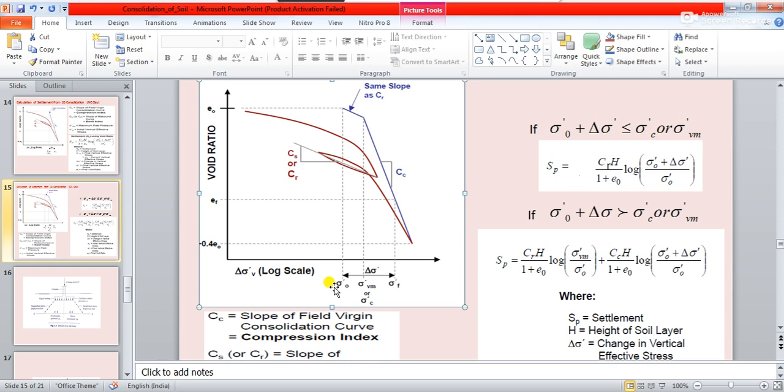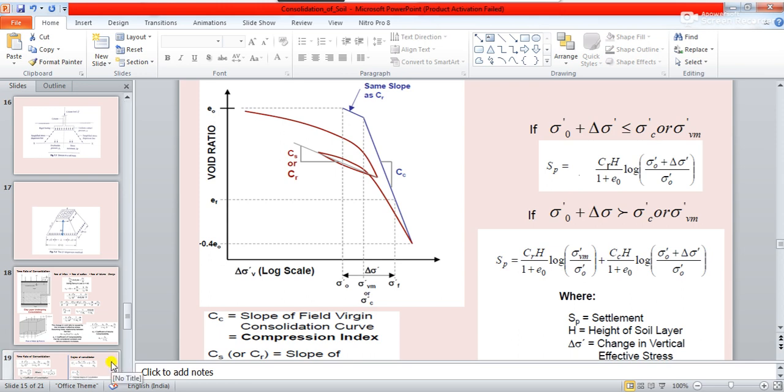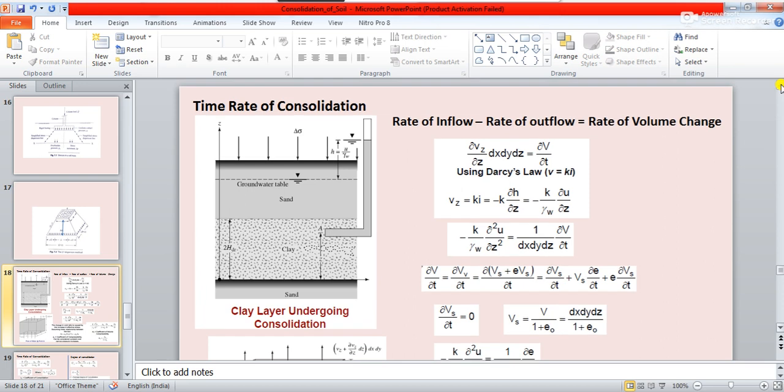So I think with this understanding we stop today. Now our understanding on settlement of consolidation is done. Now in the next class we will be trying to understand another theoretical part, the time rate of consolidation. Okay, so how much time it will take with time for consolidation settlement.